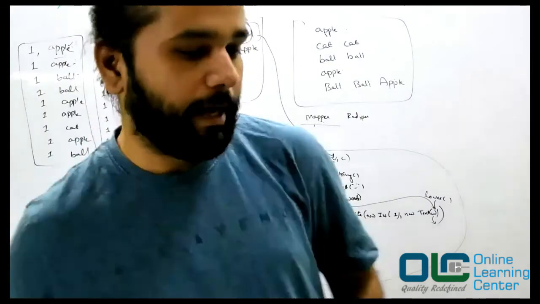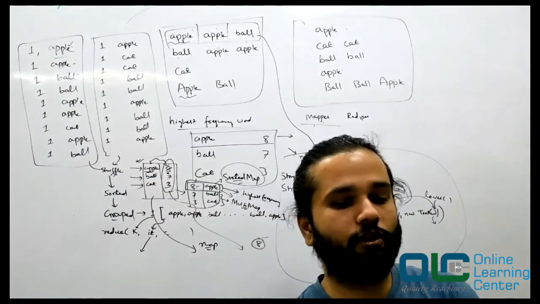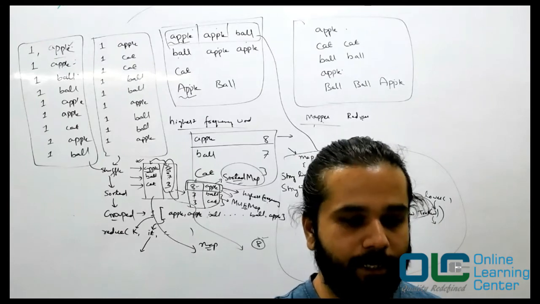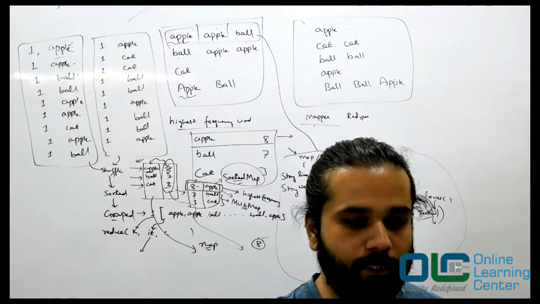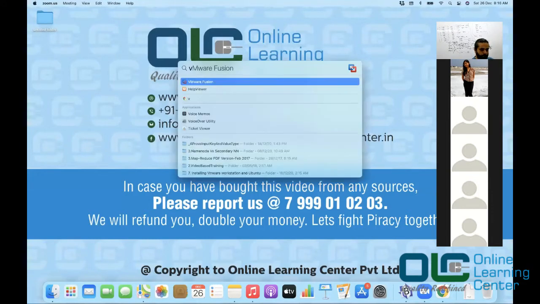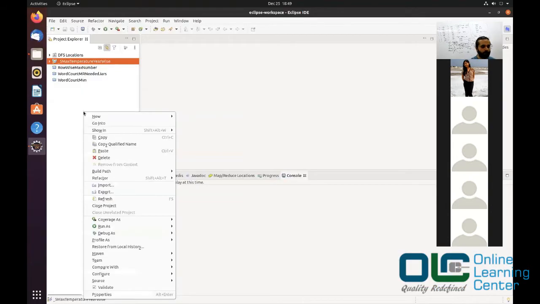Okay, so let's go back to our system and try to solve this problem practically. Let me share my screen. As usual, let me take VMware Fusion. Let's create a project.